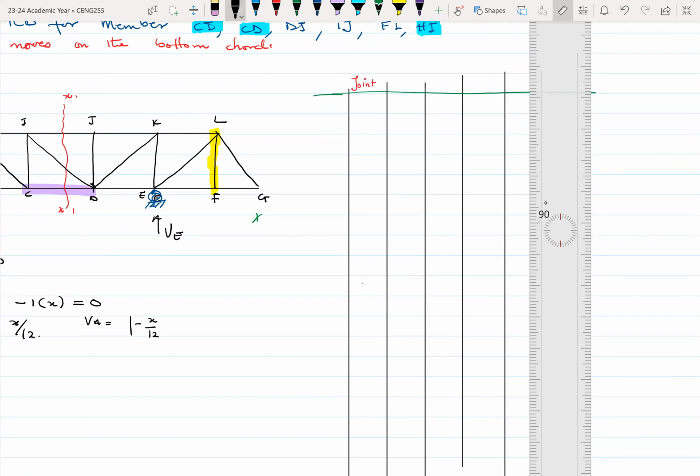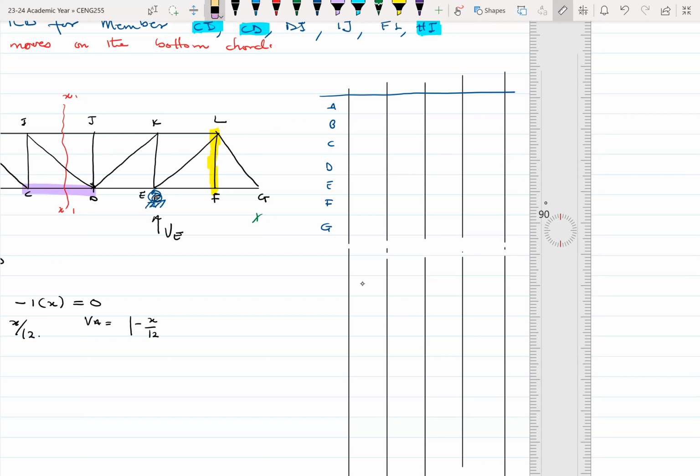Let's look at joints A, B, C, D, E, F, and G. I don't need to go all the way down here. Thankfully, it makes my work easier.